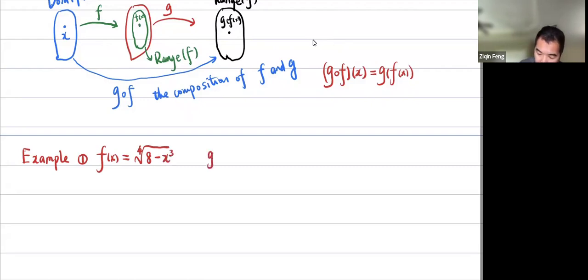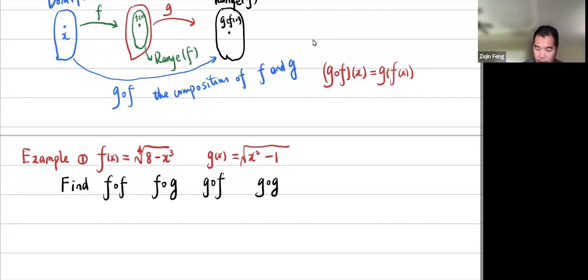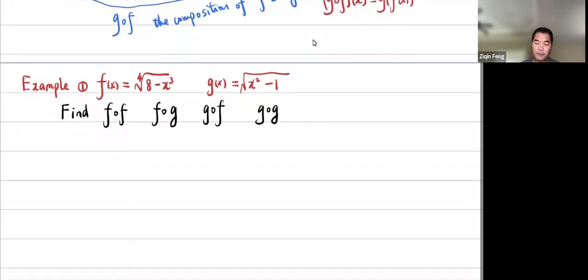And g of x is another function, which is the square root of x squared minus 1. So what we want to do here is find f circle f, or you can compose two of the same function together, f composed with g, g composed with f, and g composed with g. You can do that. Let's try to do that.